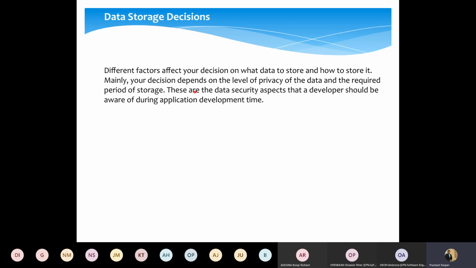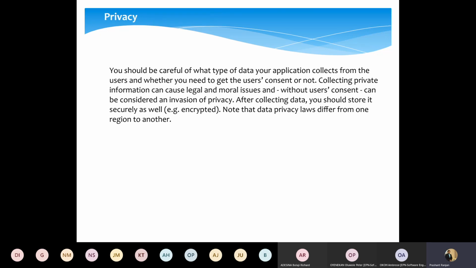It is a very simple statement, but while dealing with this, we should take care which type of data it is, how much privacy is going to be maintained, and for how long you are going to store it. Accordingly, you make the right decision as a developer about which data storage element we should prefer.